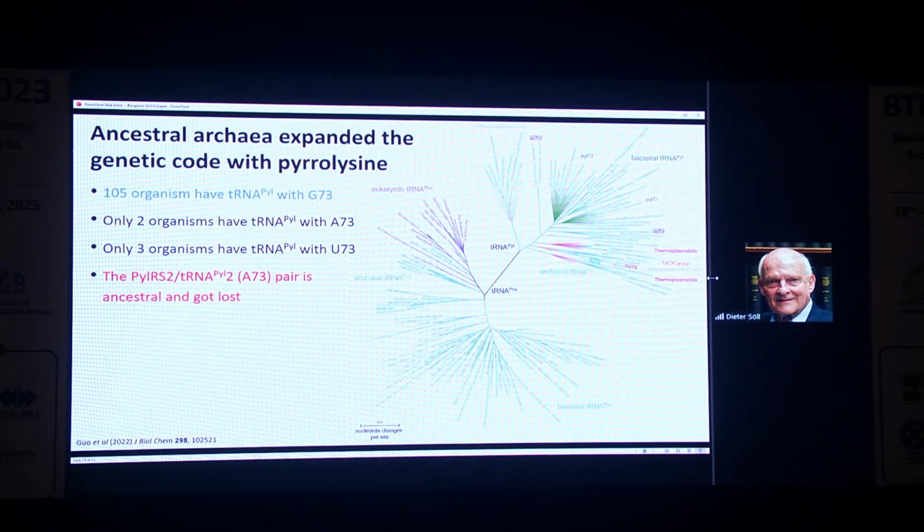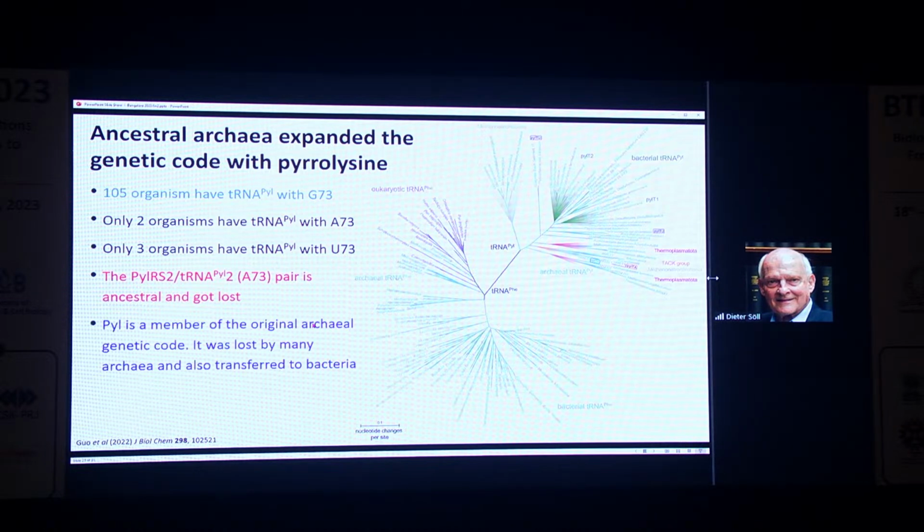This is not surprising because most discriminator bases in nature have adenosine. And therefore, to get rid of that competition, very likely this is why this tRNA got lost and it's replaced by G, and the same while it might be U.